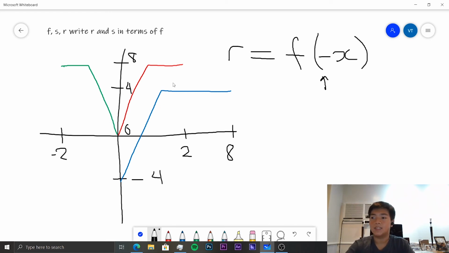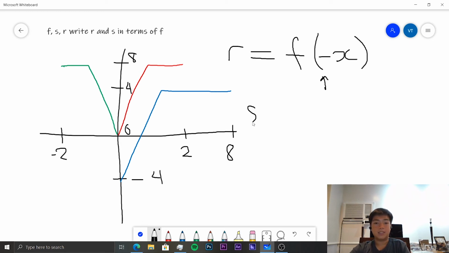Okay, next we have s. We need to write s in terms of f. What's happening here with s is we actually have two different transformations. We have a horizontal stretch, because as you can see, it goes from 0 to 8 instead of 0 to 2. And we also have a transformation downwards.